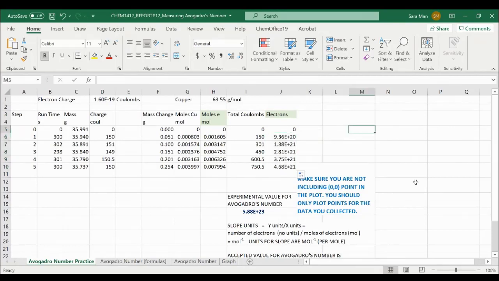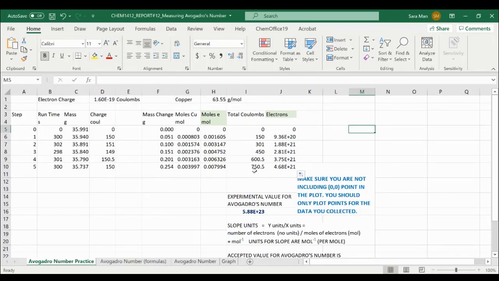And that is how I calculate the number of electrons. So all I've done is divide the total coulombs by 1.6 times 10 raised to the minus 19. And that's how I obtain the number of electrons.